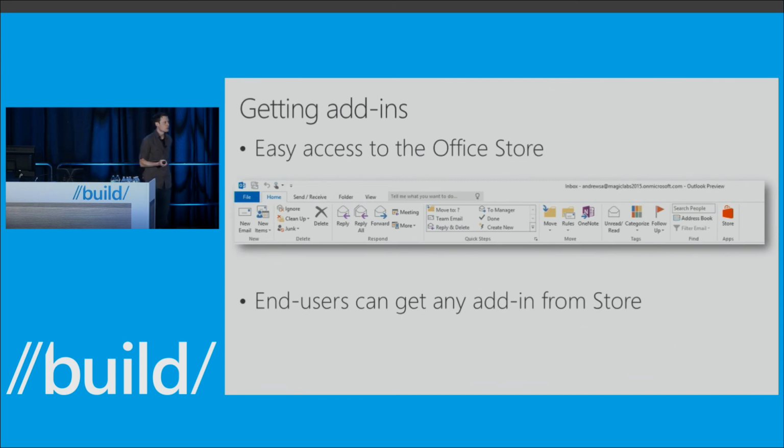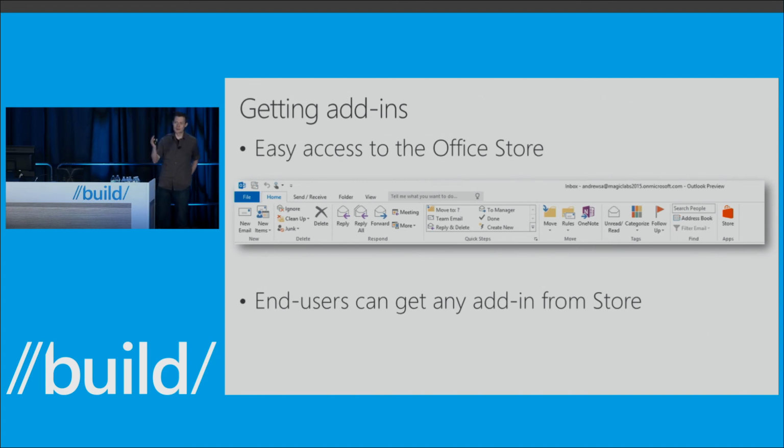With the May product update in Outlook, in the click-to-run experience of Outlook 2013, we're adding a store button right there on the home tab of Outlook, where users spend 80% of their time. All millions of users that are using Outlook 2013 are going to get the store button. And by clicking on that, they get immediately into the store, and they can start getting add-ins. But that's not all.